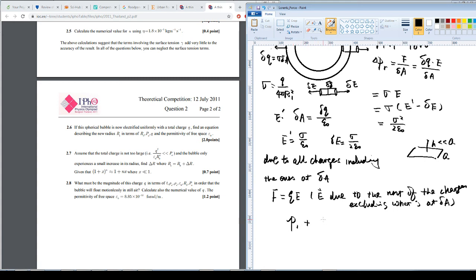Pressure inside plus pressure due to electric field is pressure outside, and pressure inside, if this spherical bubble is not electrified, is P i V naught over V1, plus sigma squared over 2 epsilon naught is equal to PA.